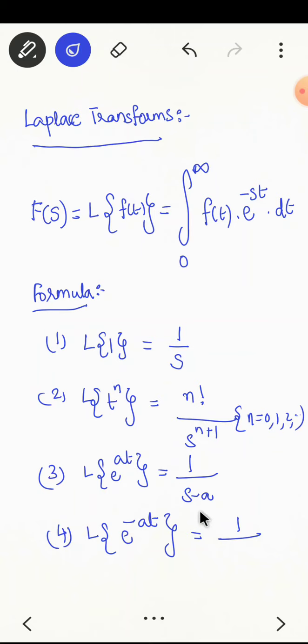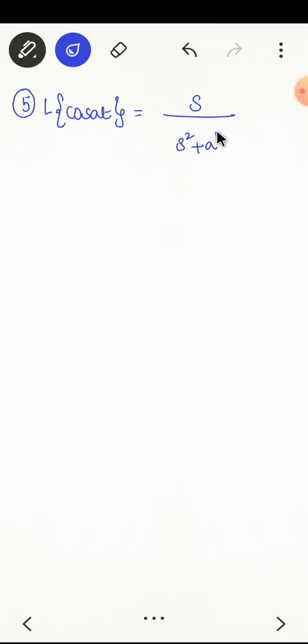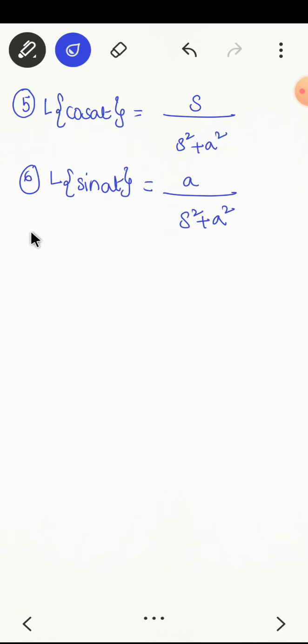Then formula number 5: Laplace of cos at can be written as s by s square plus a square. Then Laplace of sin at is a by s square plus a square.